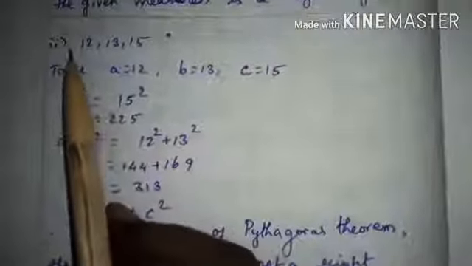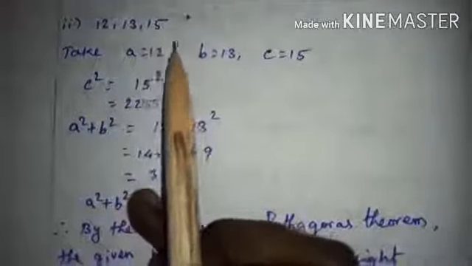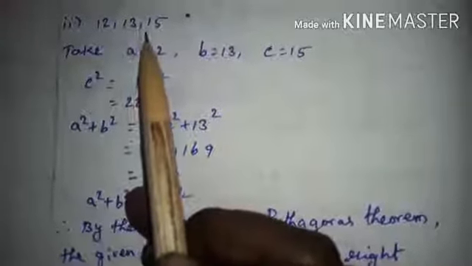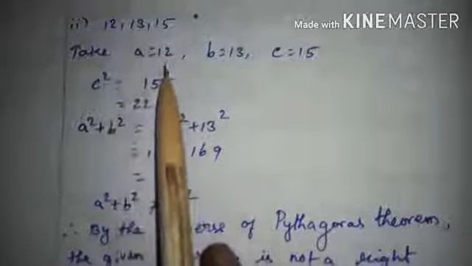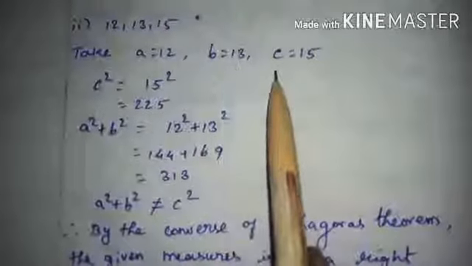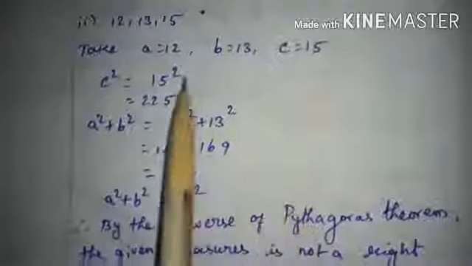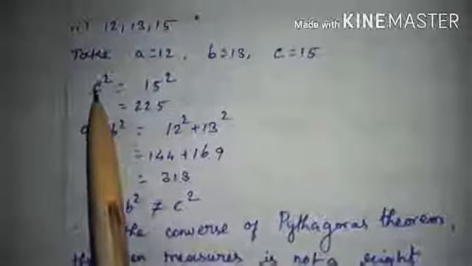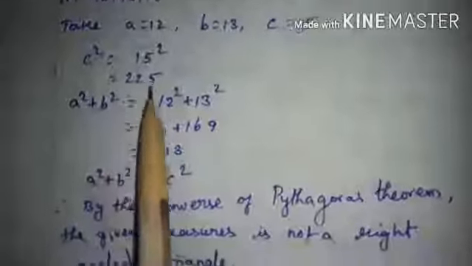The next sum, 12, 13 and 15 are given as the sides of the triangle. You have to prove whether these sides can form a right angle triangle. Here also we take a to be 12, b as 13 and c as 15. First we find the value of c square, since c is the greatest side. c square equals 15 square, the value is 225.